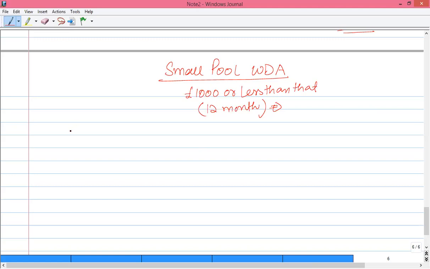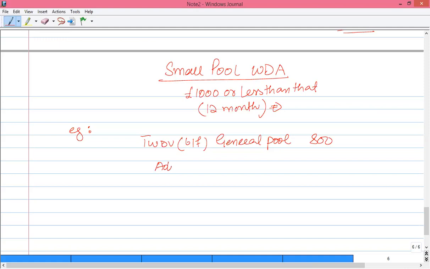So let's put it in a question. We have a TWDV brought forward of a pool item, and it's 800.